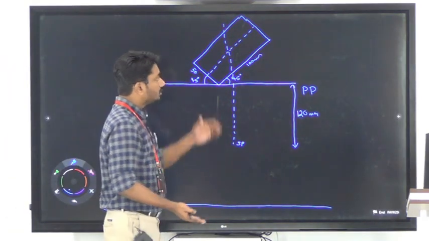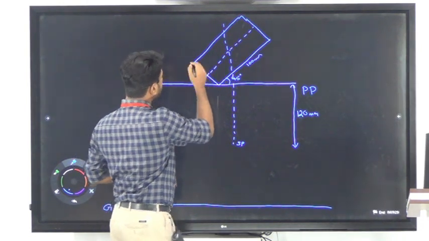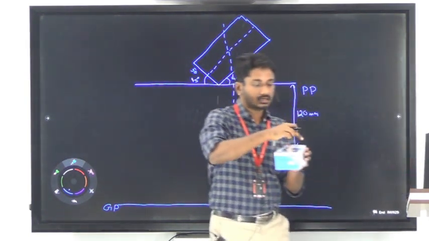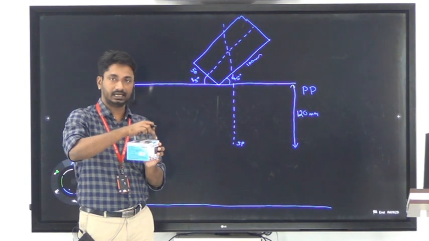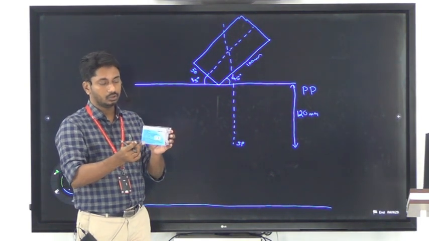Then you have to draw the front view of the object. So first we are naming the object in the top view. The top faces or top corners, these four corners are named as A, B, C, D, and the corresponding bottom corners are named as 1, 2, 3, 4.